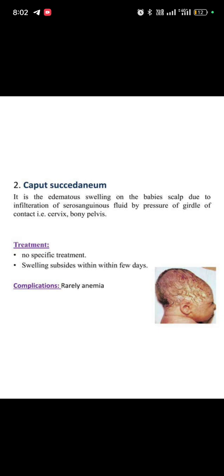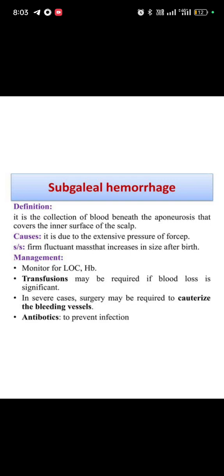Or while applying vacuum or forceps, there may be swelling on the scalp. That we call caput succedaneum. There is no specific treatment, but the swelling may reduce within a few days. Rarely it will cause the complication of anemia. Next, subgaleal hemorrhage.